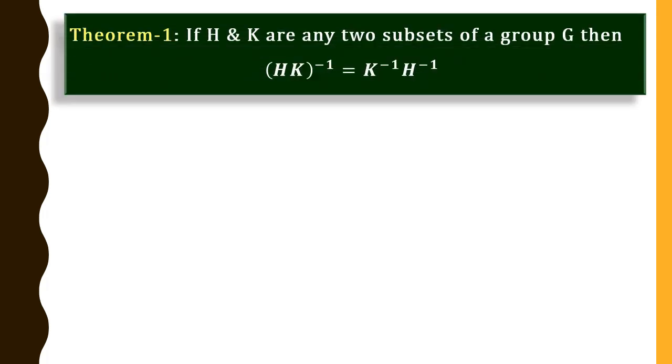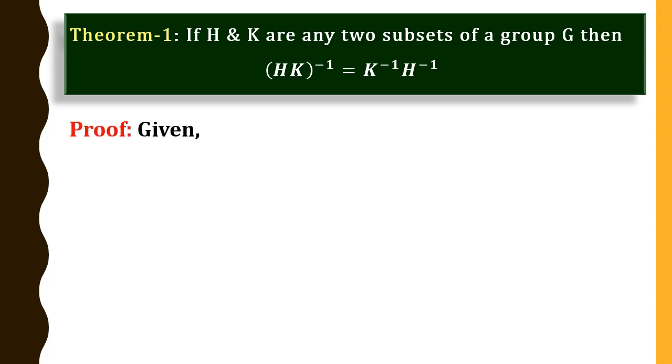Now let us consider the first theorem. If H and K are any two subsets of a group G, then (HK) whole inverse is equal to K inverse H inverse. This is like the reversal law which we studied earlier: (a star b) whole inverse is equal to b inverse star a inverse. Let us prove it.